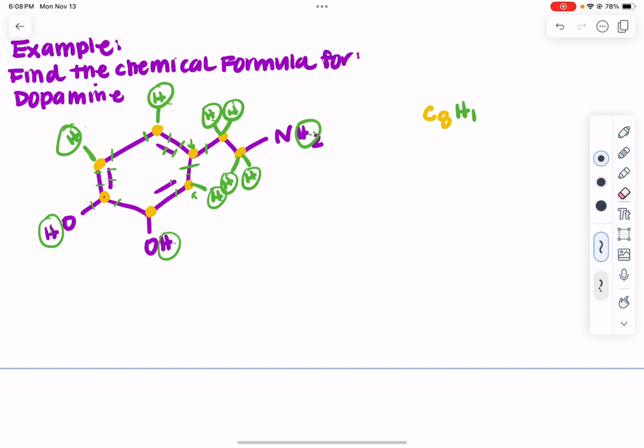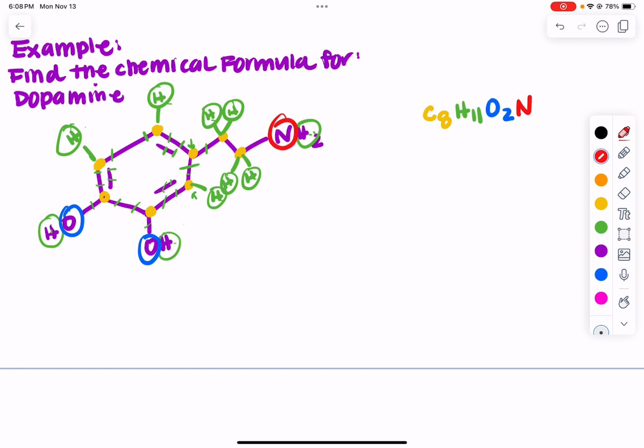This one has 4 bonds already. 1, 2, 3, 4. So it's H11. And then, of course, we can write down our number of oxygens and our 1 nitrogen. So the chemical formula for dopamine looks something like that.